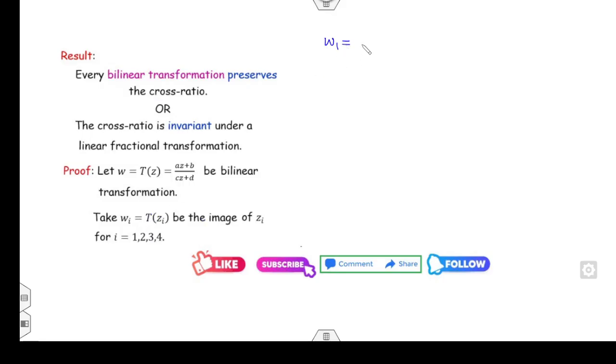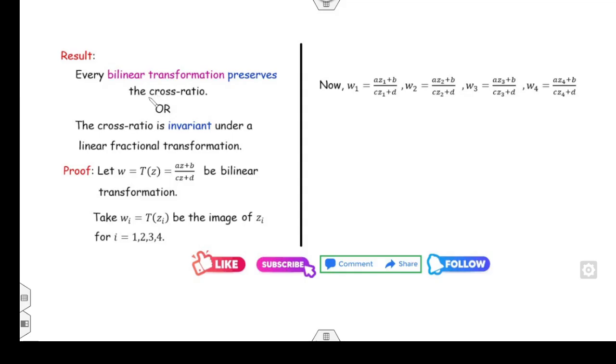So can you find the value of W1? W1 is T of Z1. That means A Z1 plus B divided by C Z1 plus D. Similarly, W2 is A Z2 plus B divided by C Z2 plus D, and so on. Fine. Now what is the meaning of preservedness? Your target is to prove the cross ratio of the transformed points W1, W2, W3, W4 is the same as that of Z1, Z2, Z3, Z4.